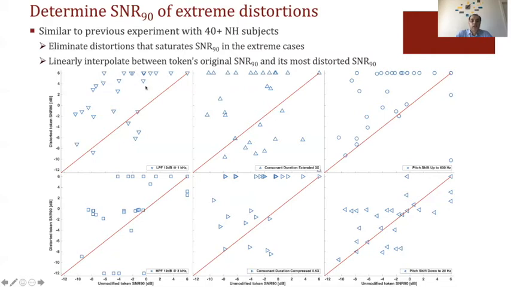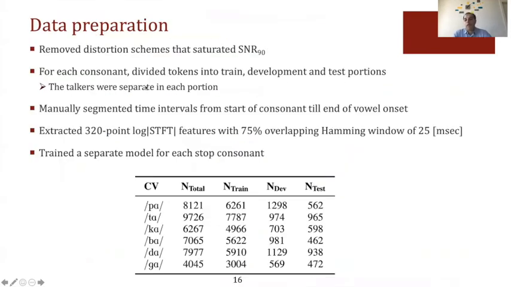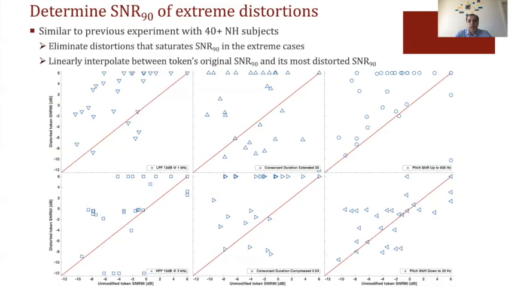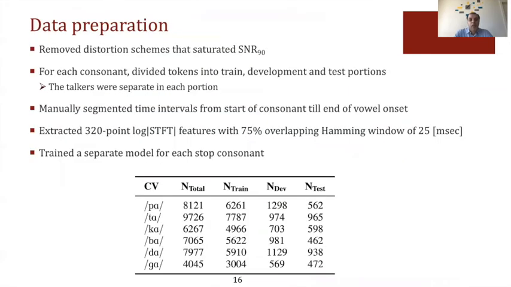So we ignored those distortions that saturate the SNR90. By saturation, I mean going above some level. Here, I want to see if the SNR90 goes above 6 dB. If it does, I ignore that distortion scheme for that particular sound.